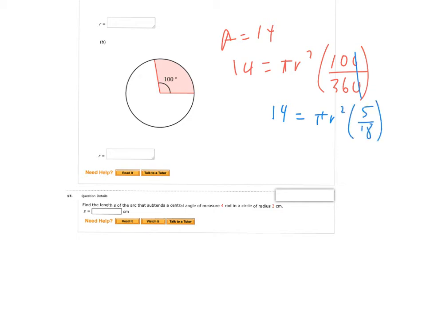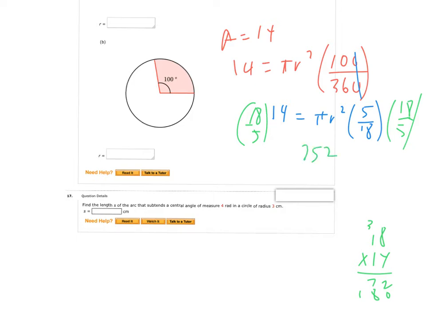And so now I'm going to multiply the reciprocal over. And so 18 times 14. And that is, so that'll be 252 over 5 equals pi r squared.